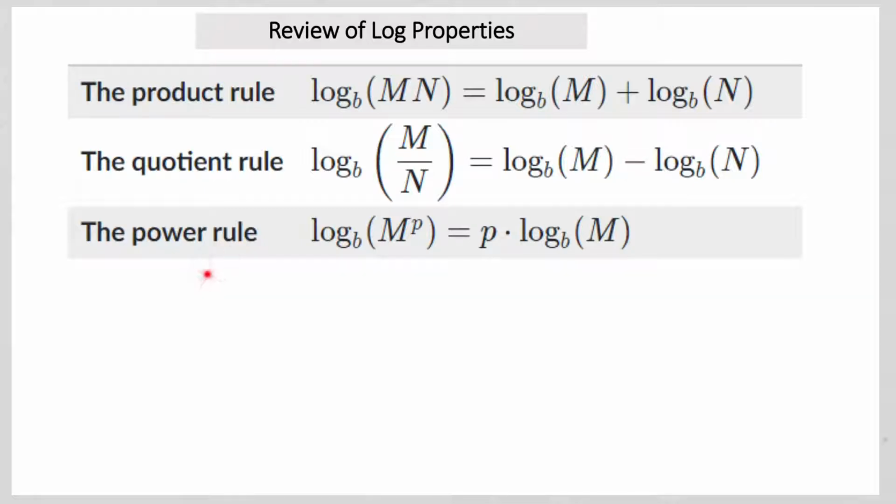And then we have the power rule for logs, which says if you take log to the base b of an expression raised to a power p, this is equivalent to multiplying by that power in front and removing it from its position right here. So you take it from this exponent position and you put it in front. And this helps us with some simplification, and we're going to need to use these properties along the way here.